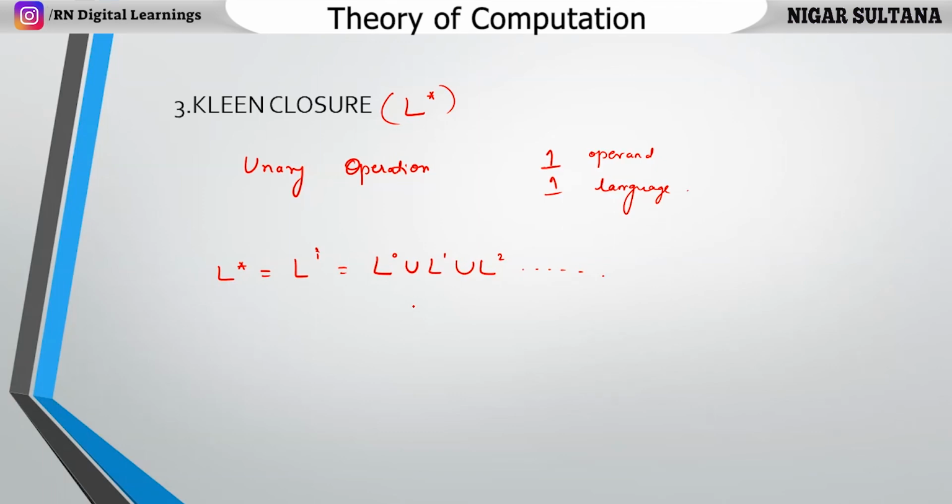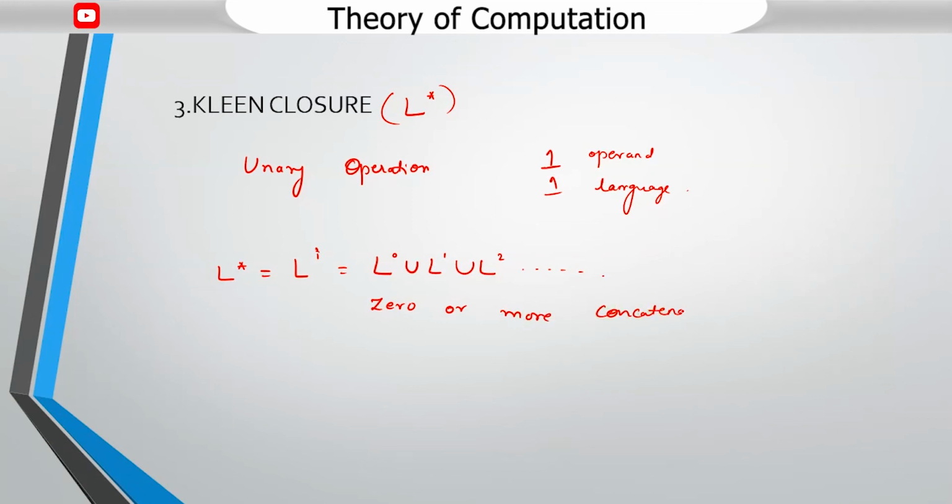These are nothing but 0 or more concatenations of L. What is this L0? This L0 is nothing but the language containing strings of length 0.